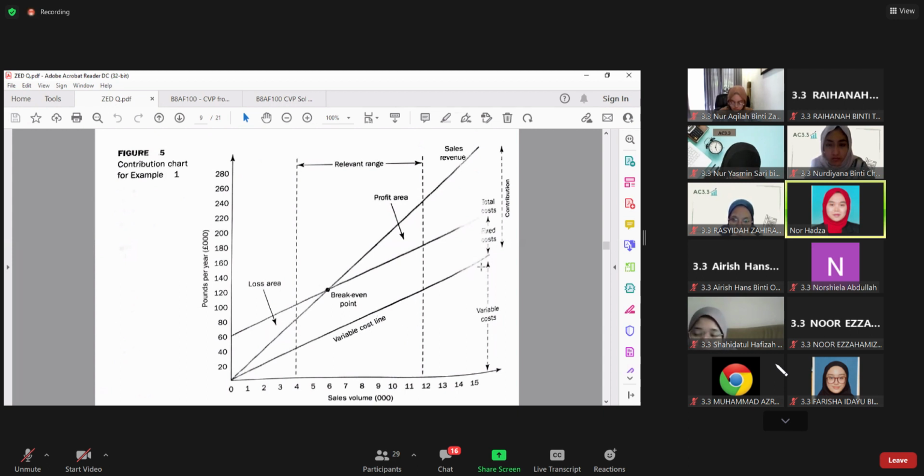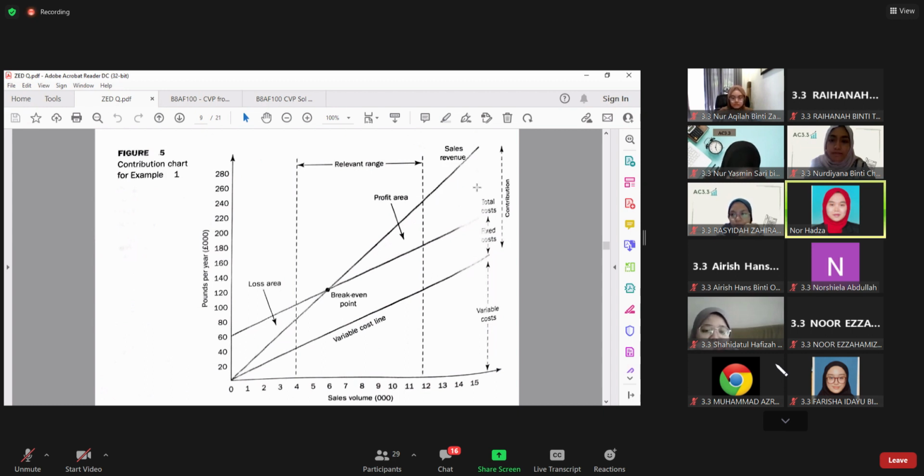We only plot the variable costs and also the total cost line. When the total cost intersects with the sales revenue, this is the break-even point. Right? Okay?